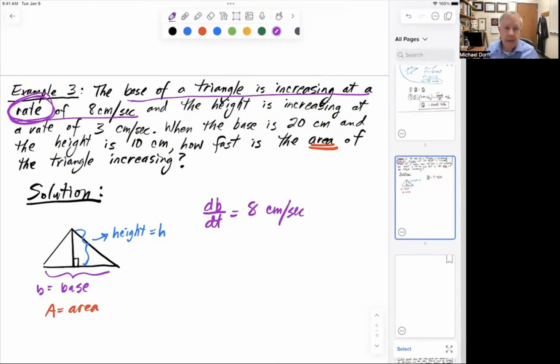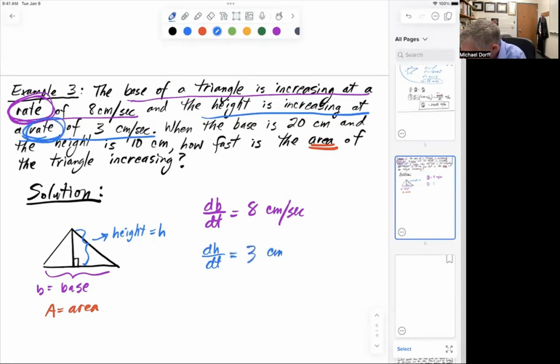The word rate tells me it's a derivative because it's a rate of change. The variable for my base is B, and it's with respect to time because time is what's changing here. Then I'm also given that the height is increasing at a rate of 3 centimeters per second. So dH/dt, the rate of change there, because it's rate again, is 3 centimeters per second.